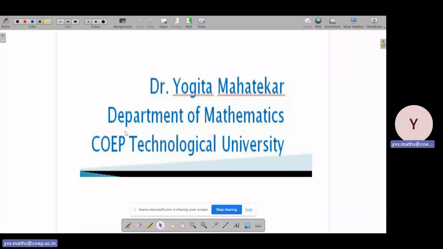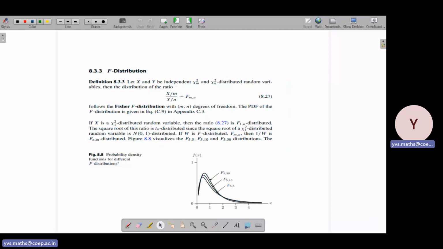Let us quickly go into the basic definition of F distribution. So F distribution is defined as the ratio of two chi-square statistics. Let x and y be independent chi-square m and chi-square n distributed random variables.